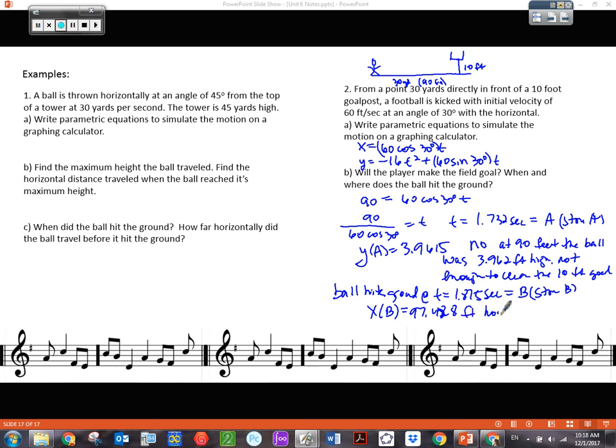And this is my horizontal distance. Okay, so how are we with parametrics and calculators? We understand we have to go back and forth and which we use. Okay? All right, great.